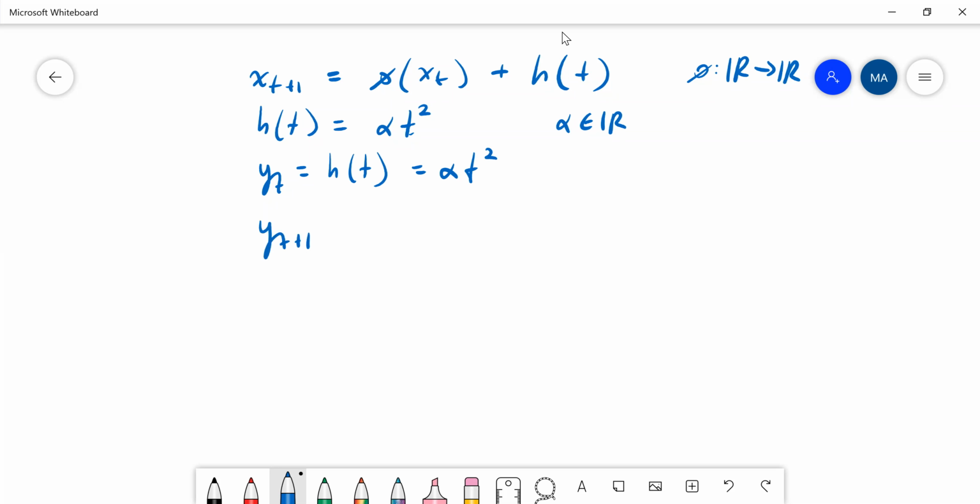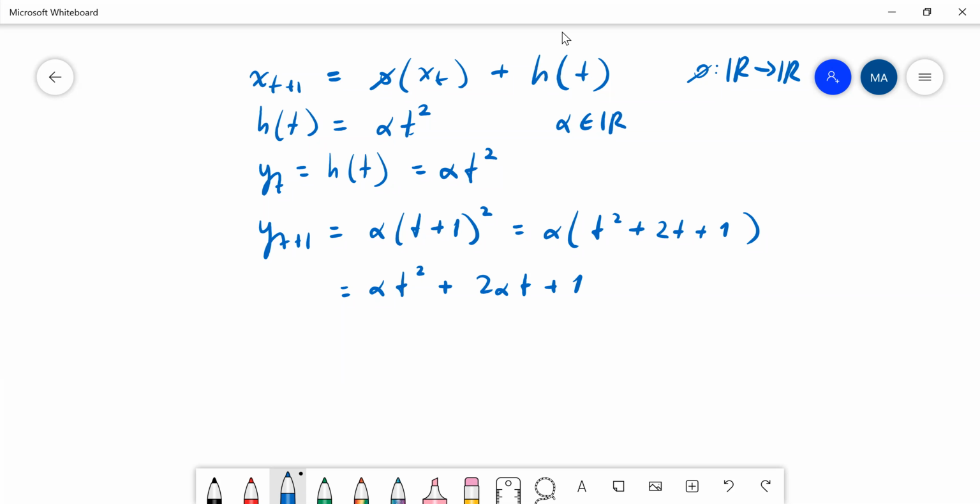Then y_{t+1} becomes alpha (t+1) squared, or alpha t squared plus 2t plus 1. If you write it even more specifically, you have alpha t squared plus 2 alpha t plus alpha.